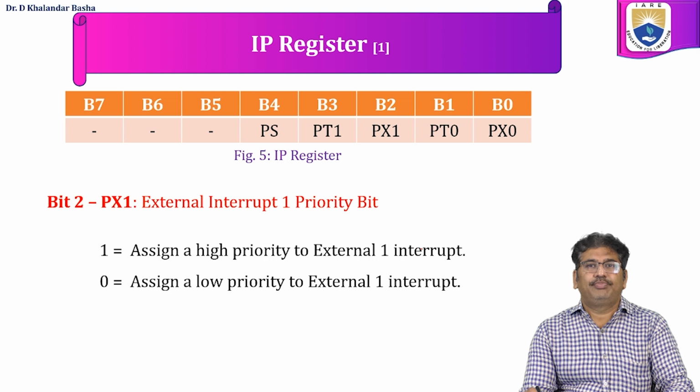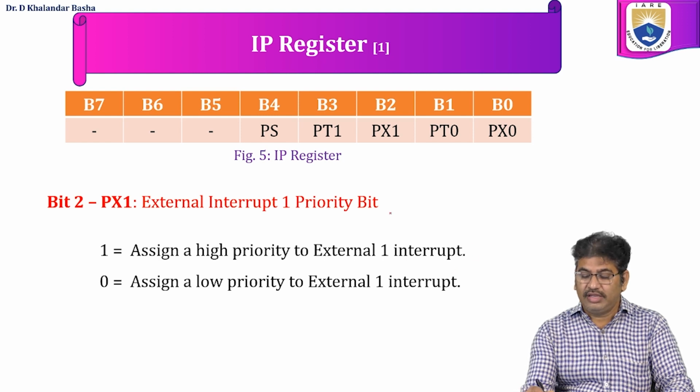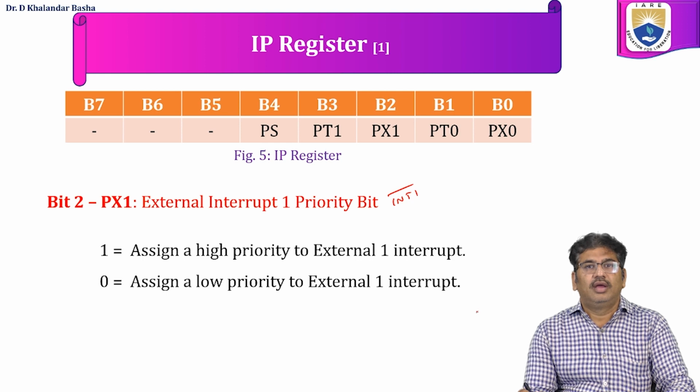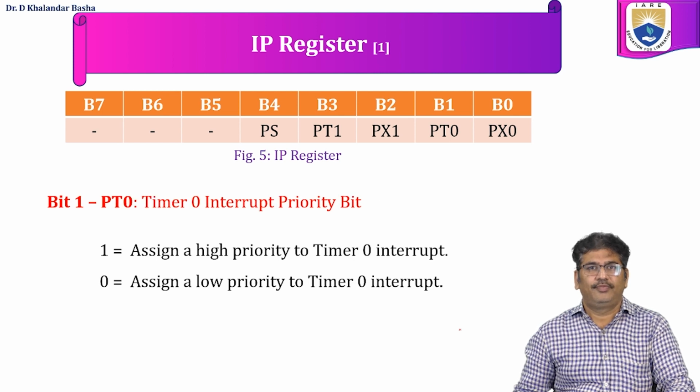Bit 2, which is PX1, corresponds to the external interrupt 1 priority bit. If PX1 is equal to 1, it assigns a high priority to the external interrupt, that is on INT1 bar. If PX1 is equal to 0, it will assign a low priority to the external 1 interrupt.